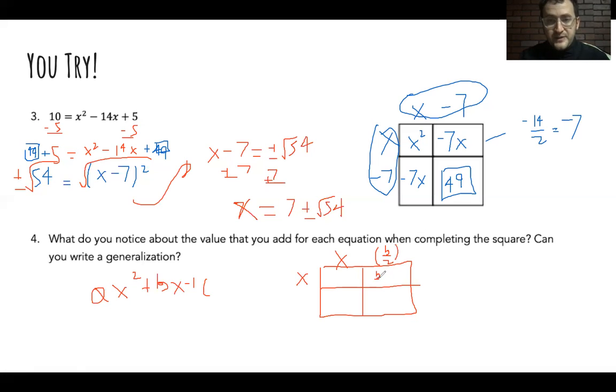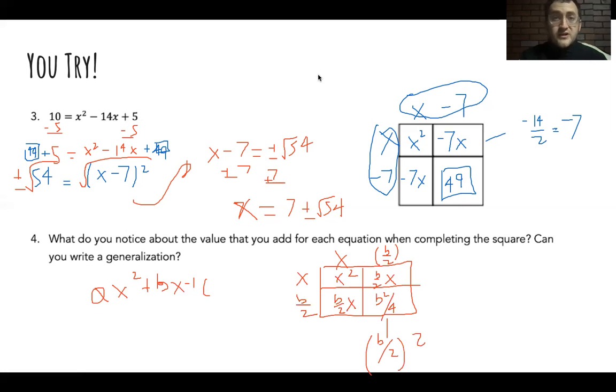So this is going to be your b over 2x, and this will also be your b over 2x. And this is going to be b squared over 4, or we could also say b over 2 squared. And that's always going to be your magic box. So you could always just do your b over 2 squared.